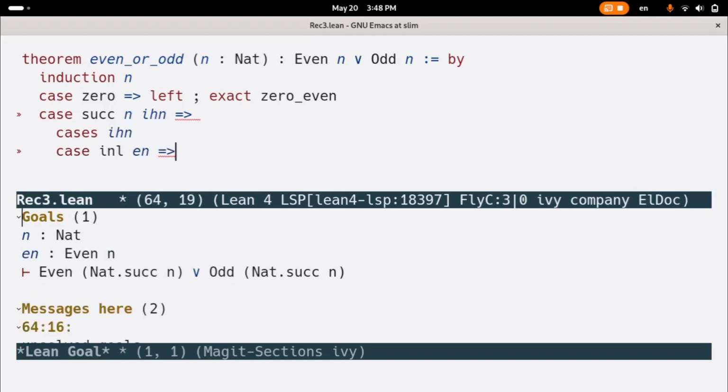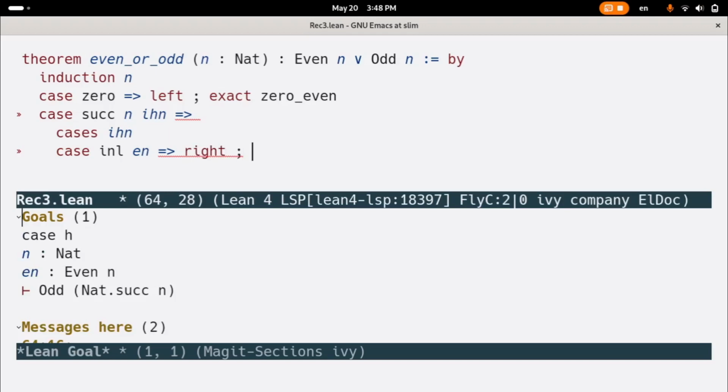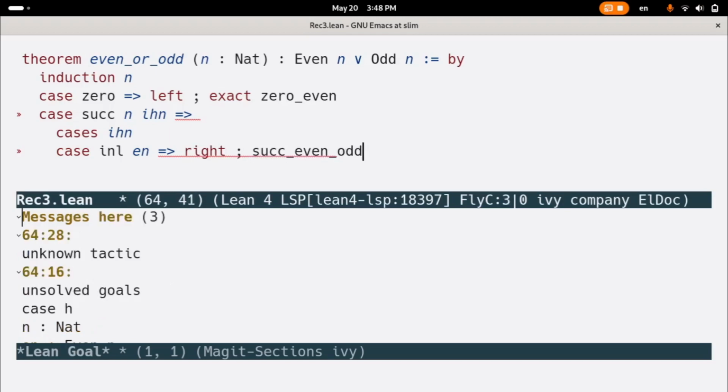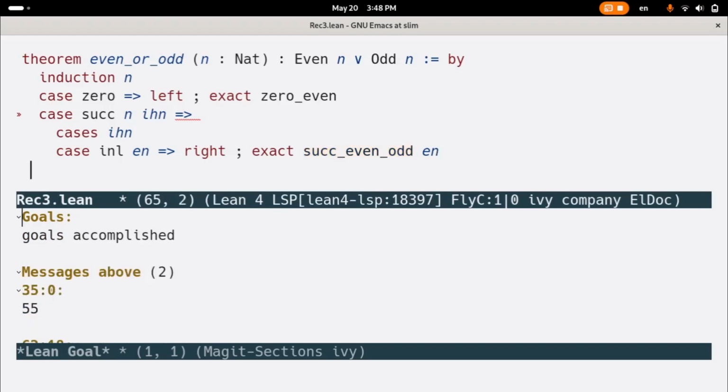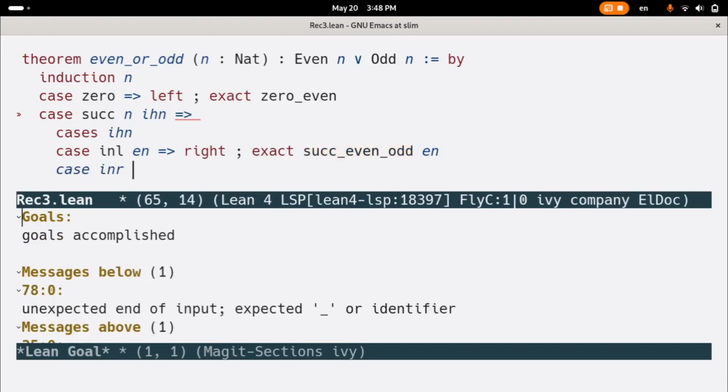In the left case, we have that n is an even number, and we can conclude that n plus 1 is an odd number, using the already proven theorem that the successor of an even number has to be an odd number. So we supply the proof En, which stands for n is even, to finish this case.